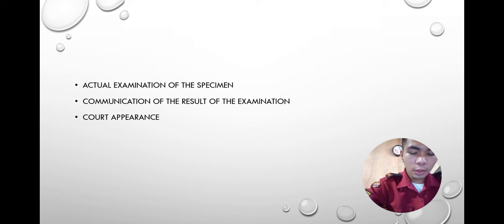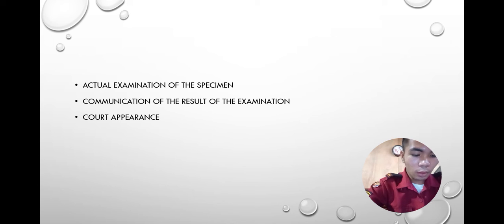Then the next is court appearance. The written report of the forensic chemist is usually supplemented by testimonial evidence at a later date if the case is brought to court or the fiscal's office, since testimonial evidence may be given weeks, months, or even years after the examination and the written report have been made.